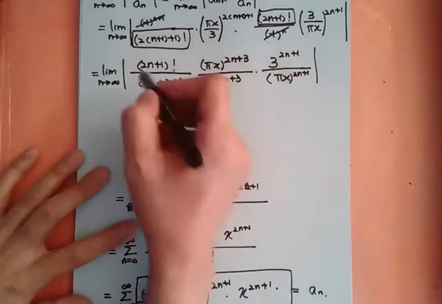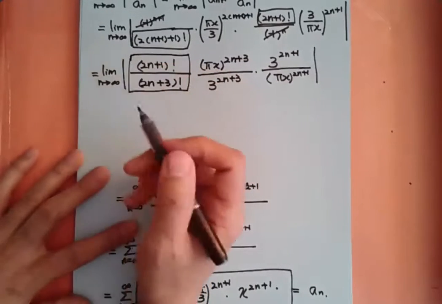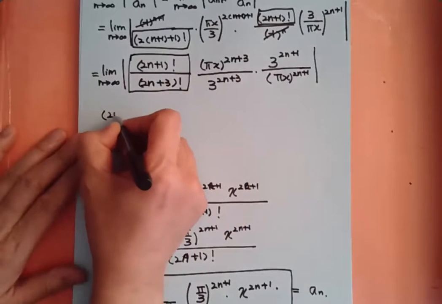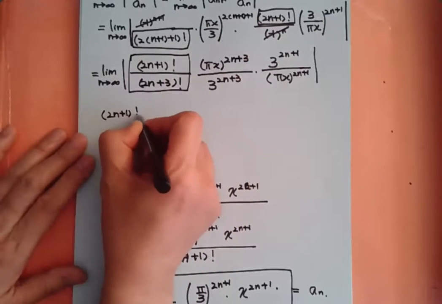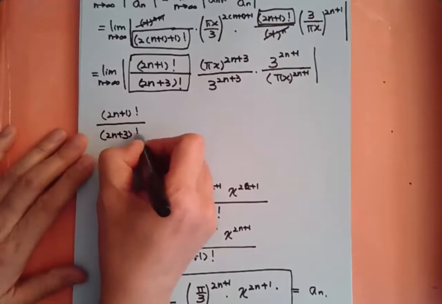So let's calculate this part: (2n+1)! over (2n+3)!.